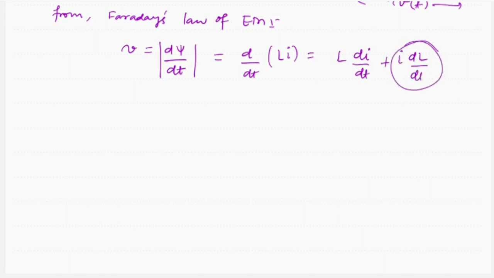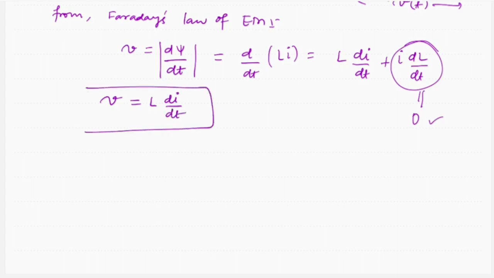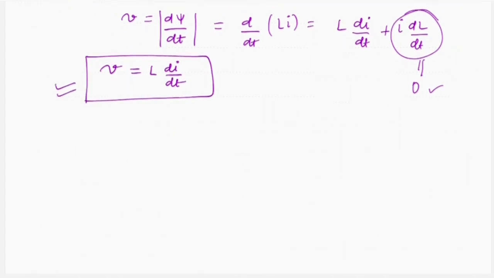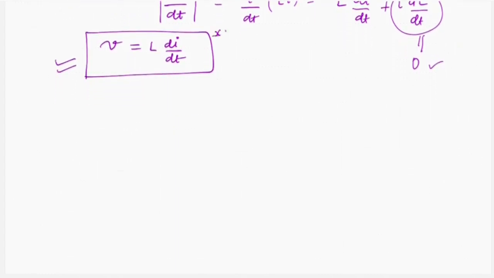Since inductance depends upon the constructional parameters, it will not depend upon time, so we can neglect it. So the voltage across an inductor will be given by L di by dt. This is the Ohm's law for an inductor.